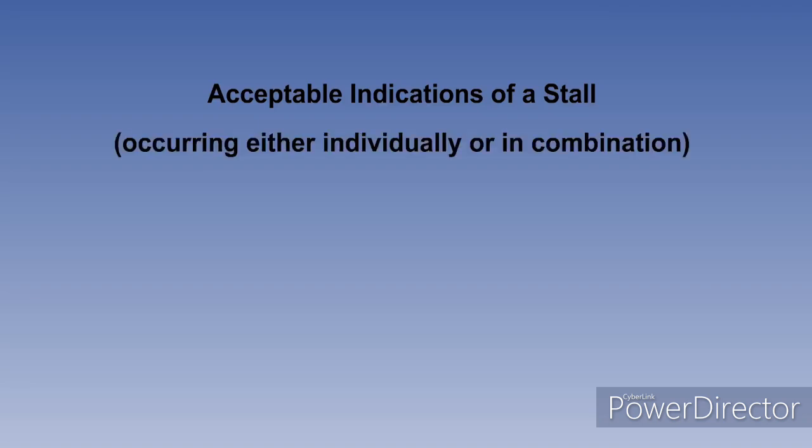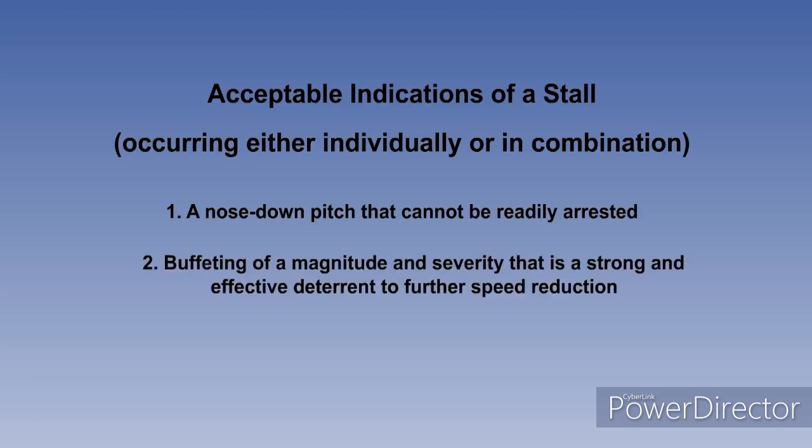A formal standard of stall recognition is established to determine when the behaviour of the aeroplane gives the pilot a clear and distinctive indication of an acceptable nature that the aeroplane is stalled. These acceptable indications of a stall, occurring either individually or in combination, are: 1. A nose-down pitch that cannot be readily arrested. 2.